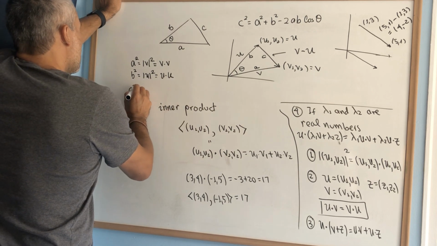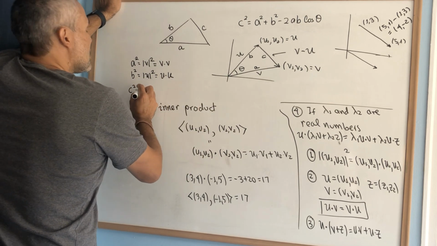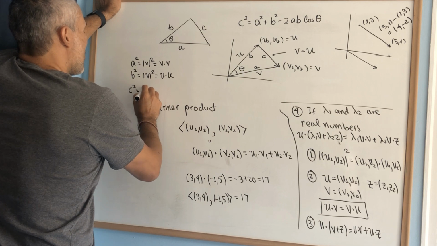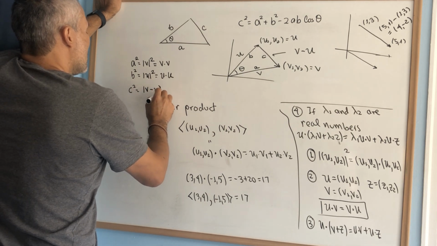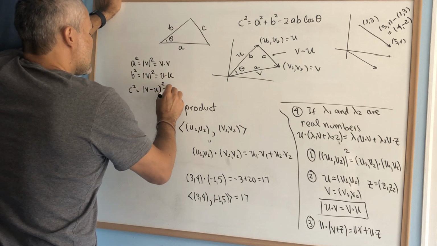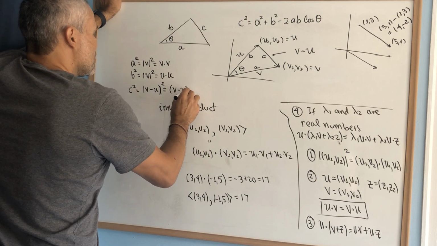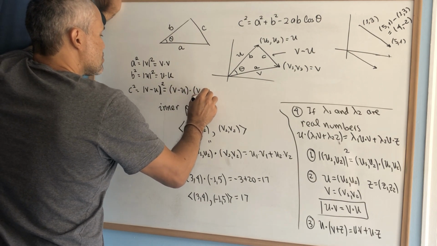And C squared is the norm of v minus u squared, which is v minus u dot product with v minus u.